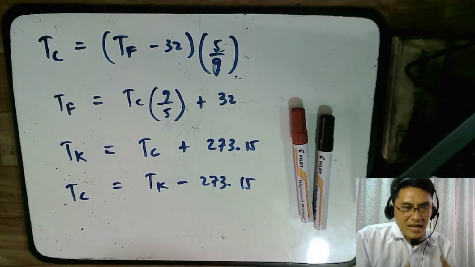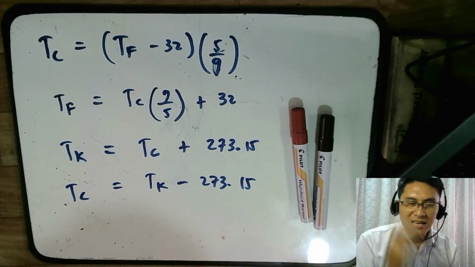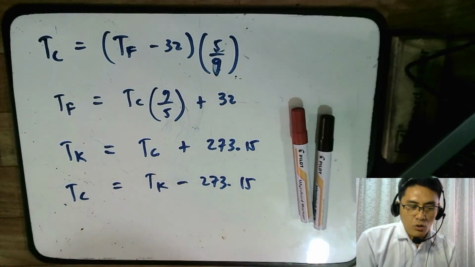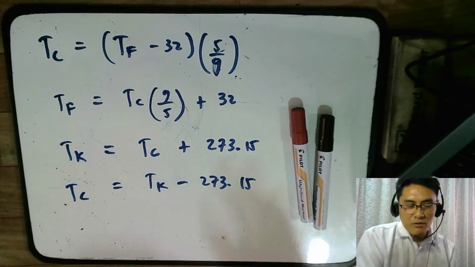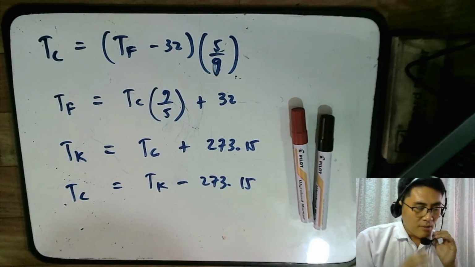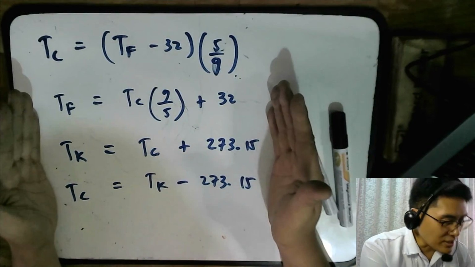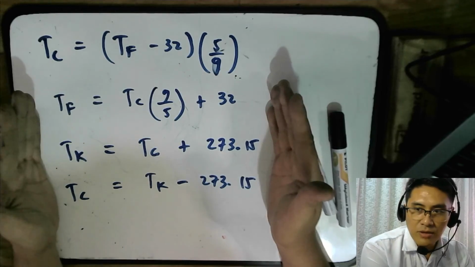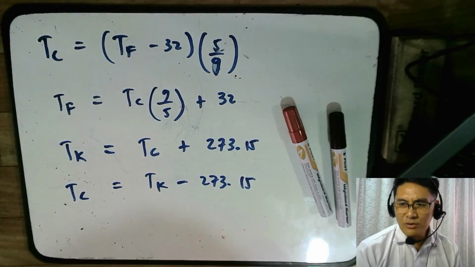And again, for me, in the long run, it makes better sense to approach the conversion of temperature and the conversion of other units from that perspective, rather than just memorize this and not understand why they are like that. Okay? So that's something to think about. But again, do not force yourself.